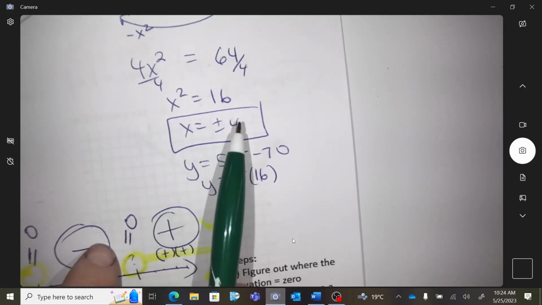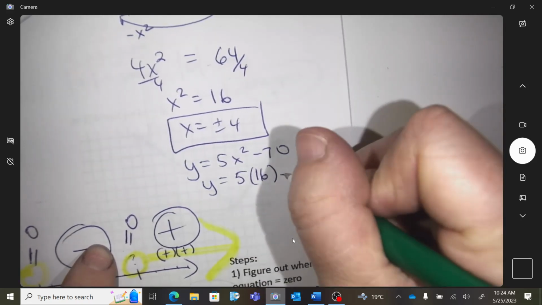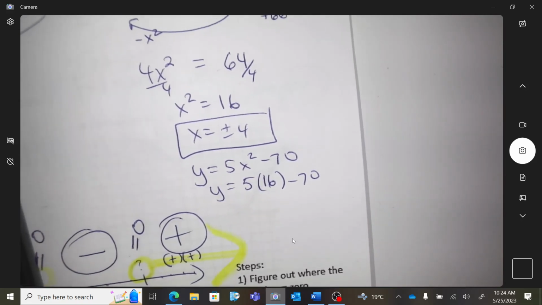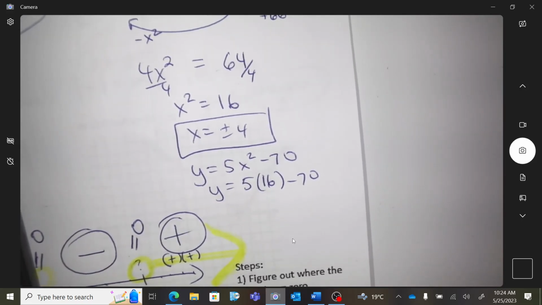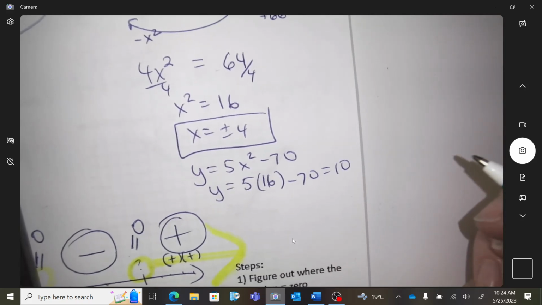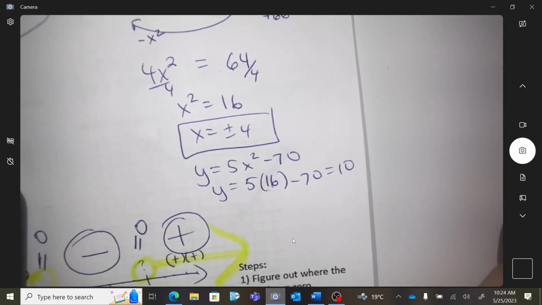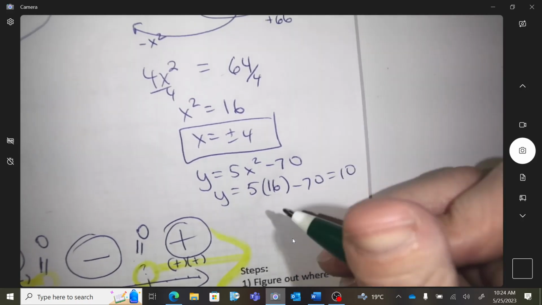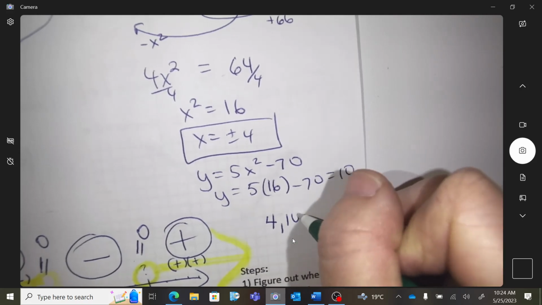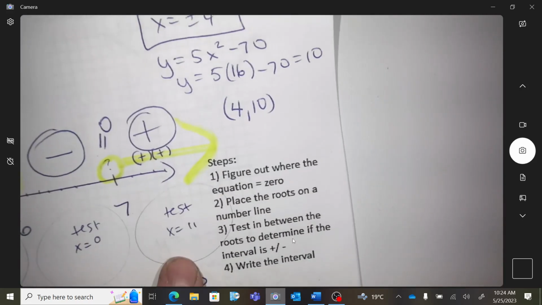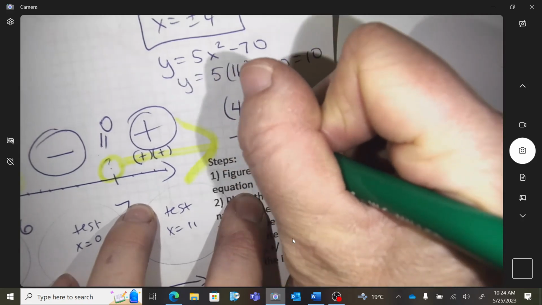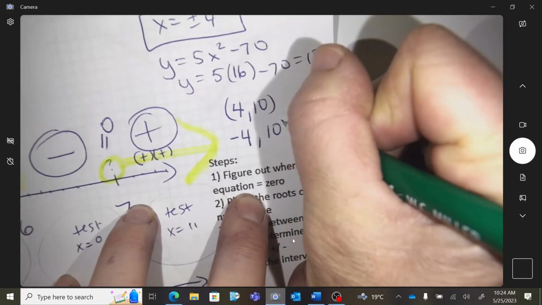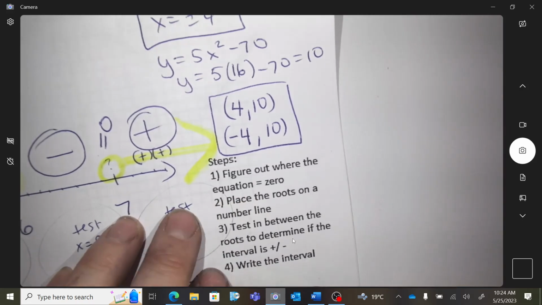Because this line says x squared is 16. Minus 70 equals 10. So if I told you you had to write your answer with coordinates, how would you do it? If x is 4, y is 10. If x is negative 4, y is 10. There would be two coordinates like that.